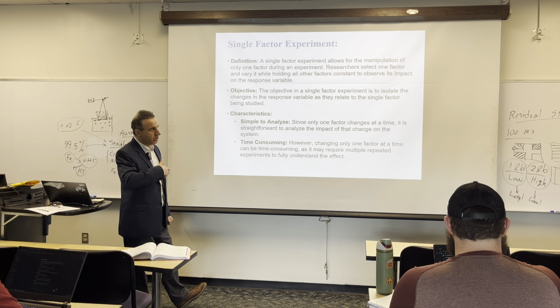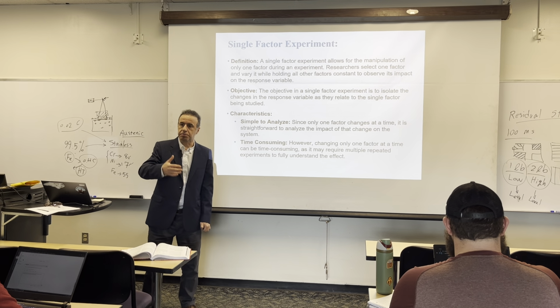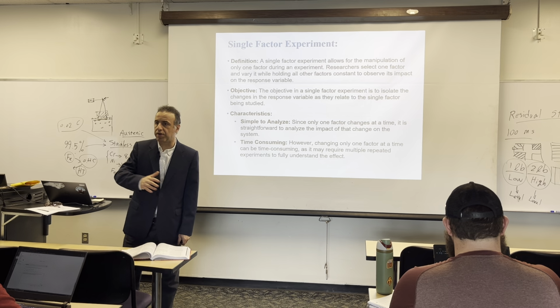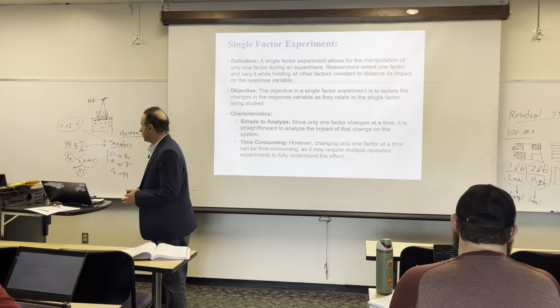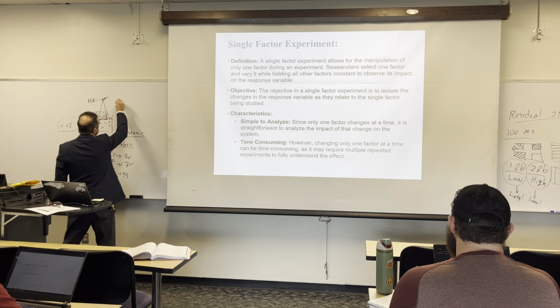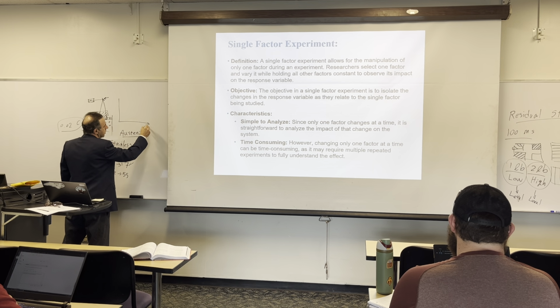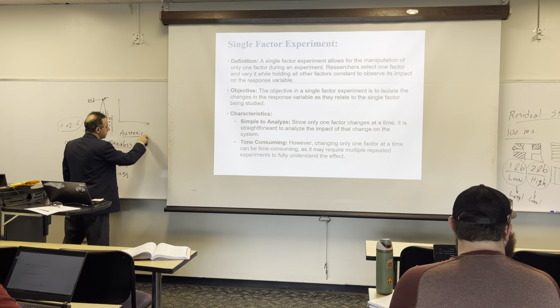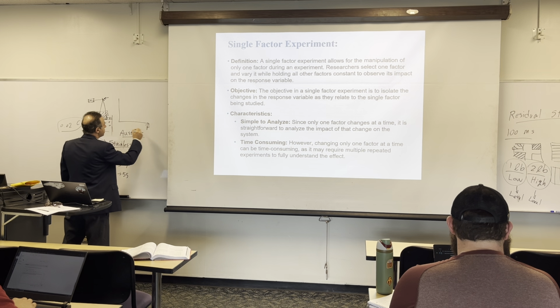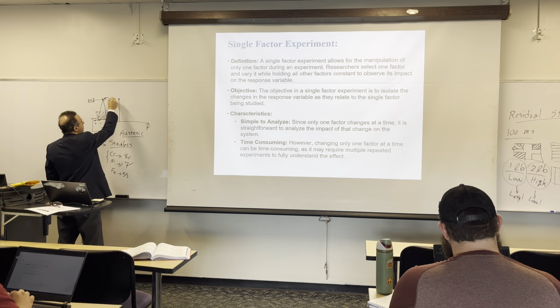You run the experiment, you measure the growth, and then you plot the data, right? Something like that. This is the amount of the fertilizer, say F, and this one is going to be growth.